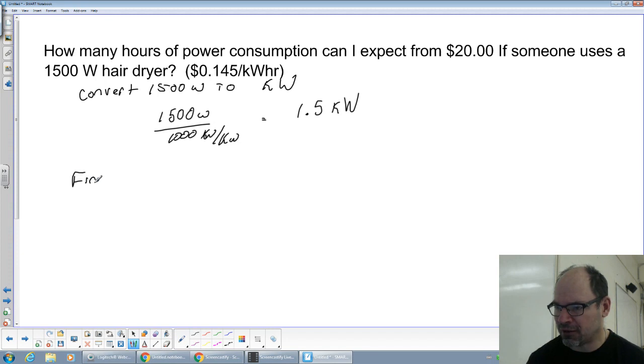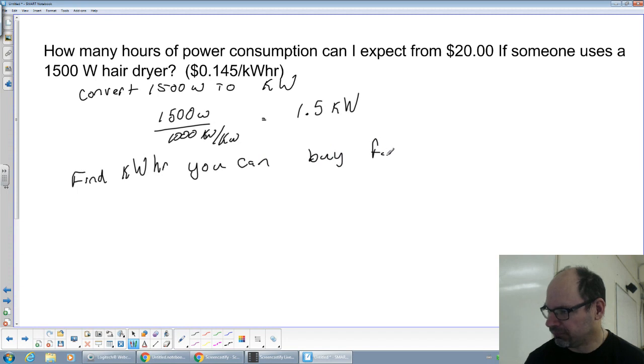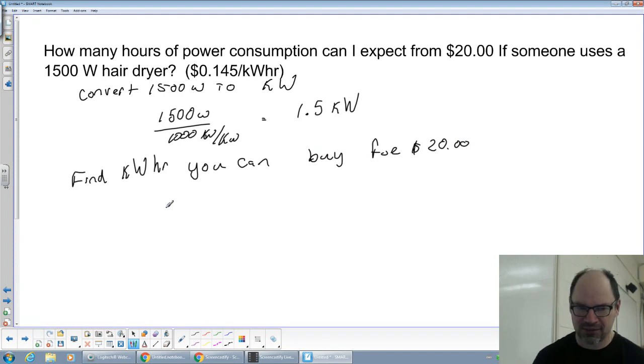Okay. Step two would be then to find out, convert the cost into kilowatt hours. Find the kilowatt hours you can buy for $20. Okay, so we take our cost. The last one was kilowatt hours times price gives you the cost.